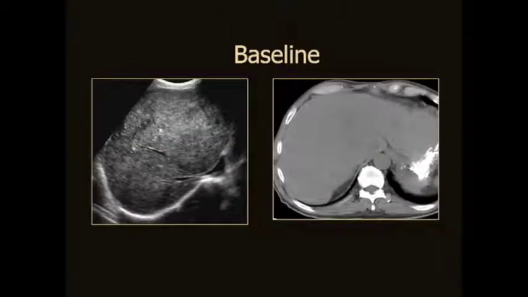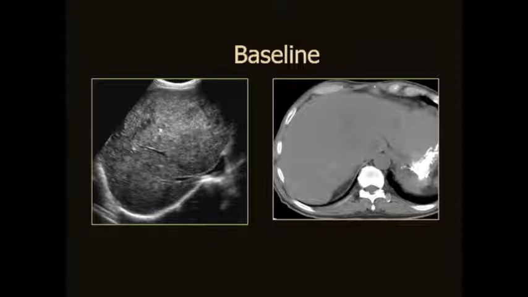So this was a case that was in Peter Burns and my very first series of patients that we scanned when we looked at 176 patients with contrast ultrasound compared to CT or MR scan. So all patients had an unenhanced scan and then a contrast enhanced scan.